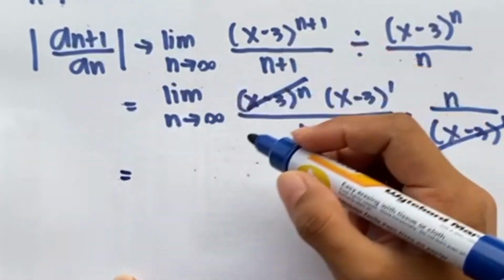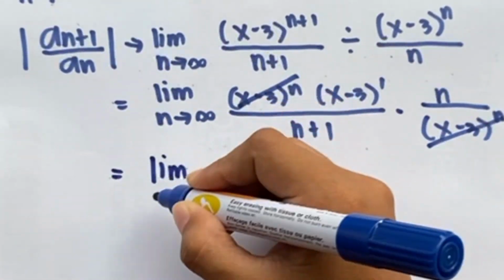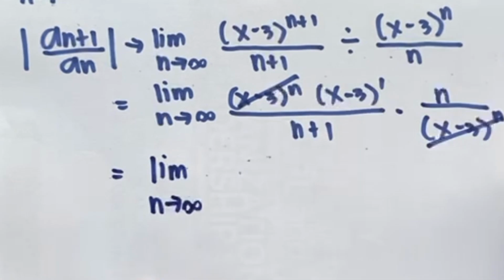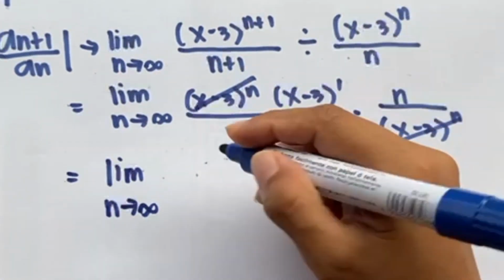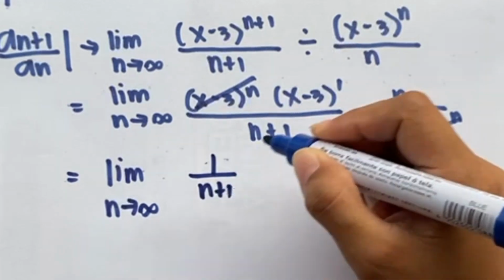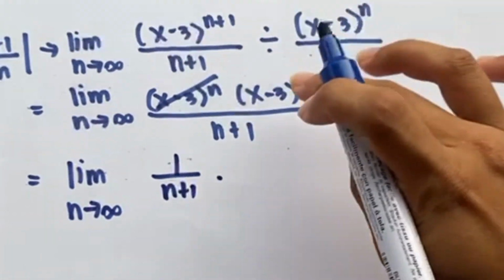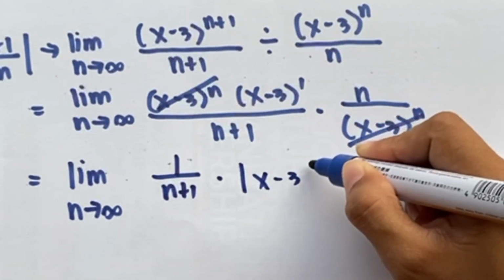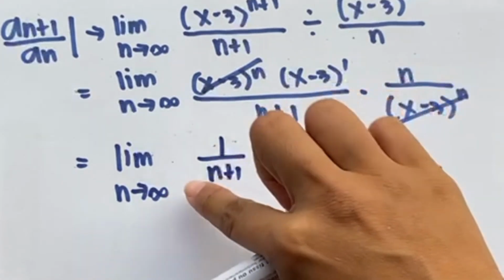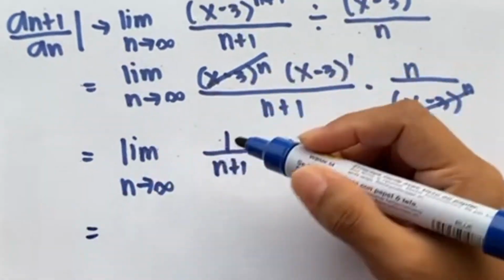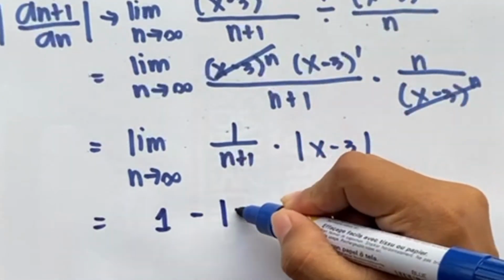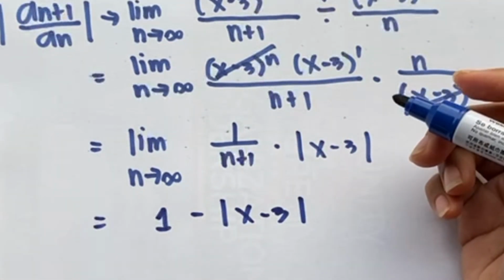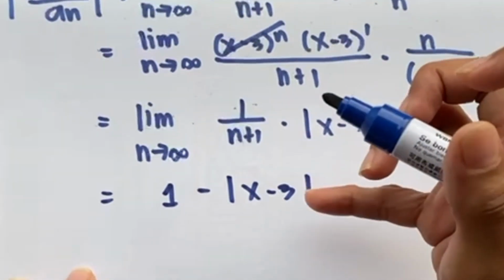So we observe that the limit as n goes to infinity is 1 over n plus 1 times x minus 3. When we plug infinity into n, the fraction results in 0, so just copy the x minus 3.